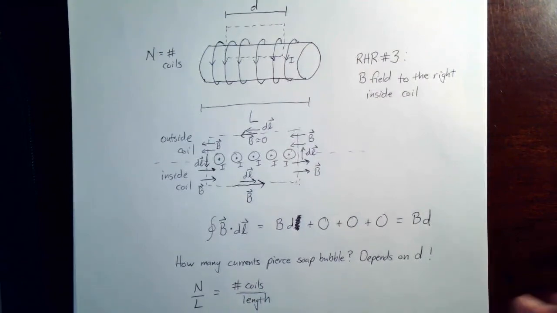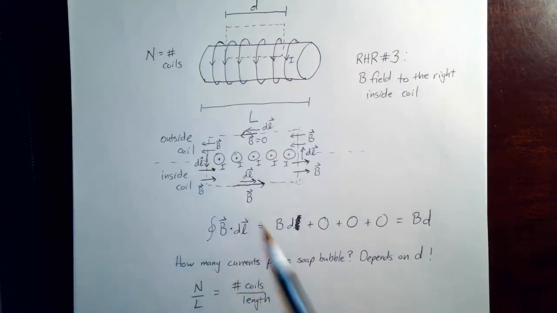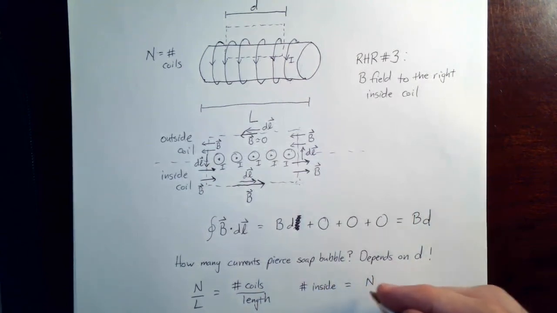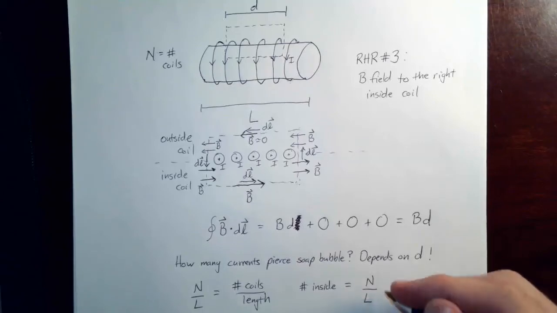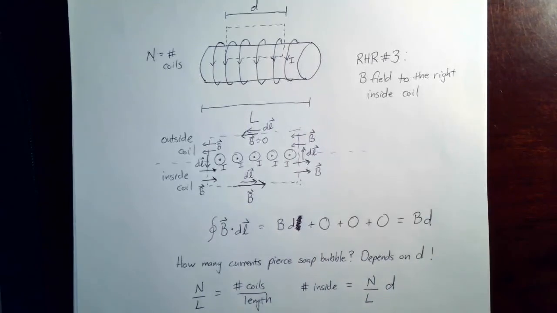And so the number that would fit inside our rectangle would be the number per length times the length of the rectangle. Okay, so the number inside is equal to the number per length times the length of our rectangle, which I called d.